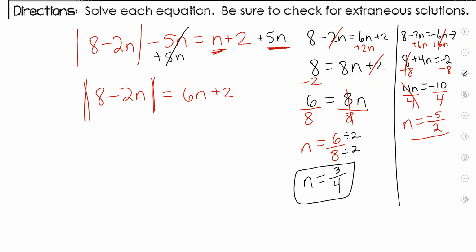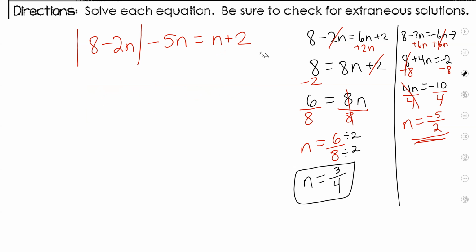However, it might be extraneous, so we have to check. We have to plug it in and make sure it's true, okay? And I have some foresight. I know this one is extraneous. Let me show you why. Okay, so I'm going to go back to the original up here. All right, this was the original.